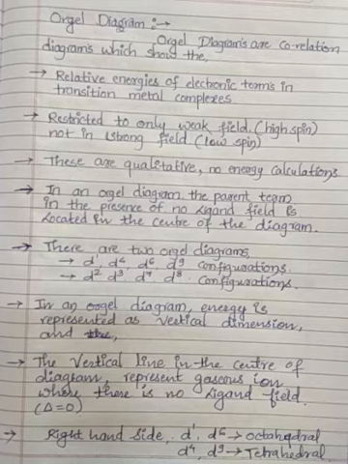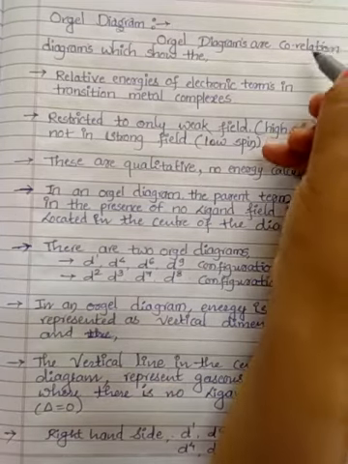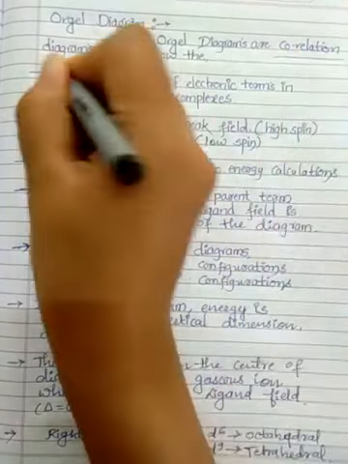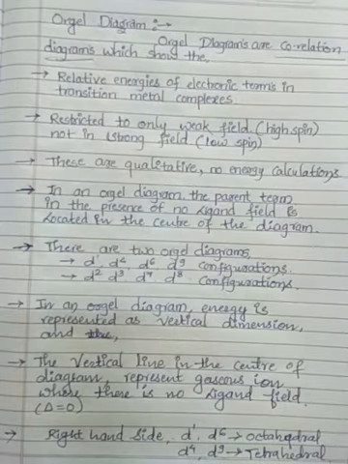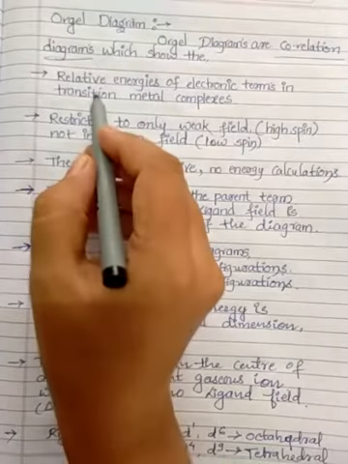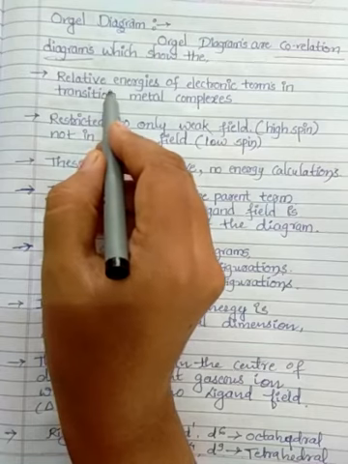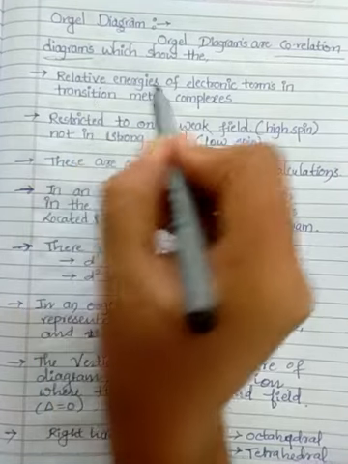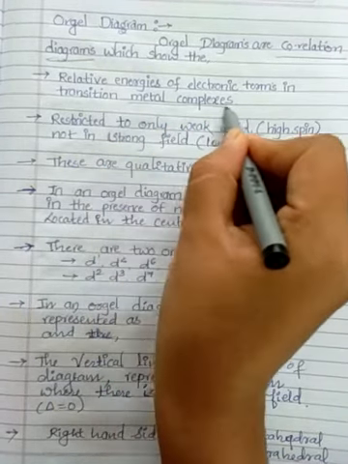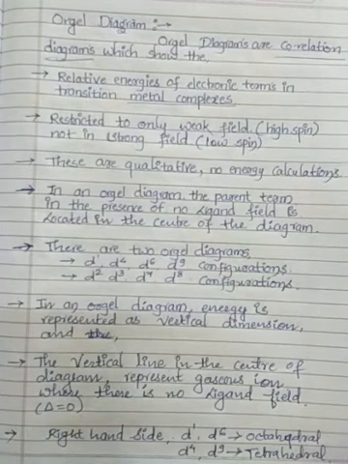Just to see it one by one, I have taken points from the books so that you can understand these Orgel diagrams easily. So these Orgel diagrams are correlation diagrams, isn't it? For what? They show the relative energies of electronic terms in transition metal complexes. I have already told you the meaning of transition metal complexes.